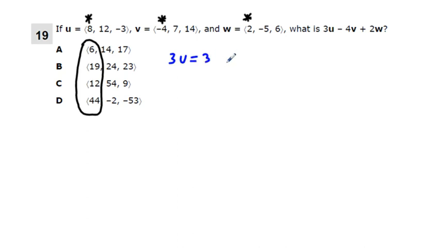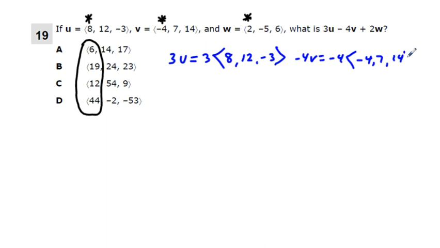So -4V equals -4 times, same thing here, -4, comma 7, comma 14. And finally 2W, so 2W is equal to 2 times 2, comma -5, comma 6.